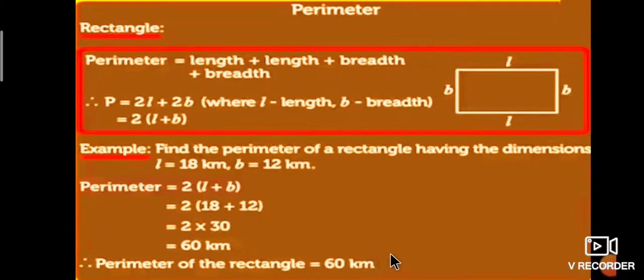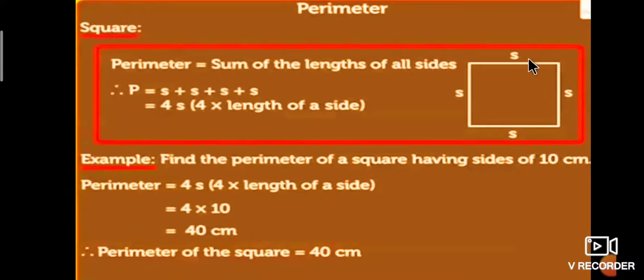Next one is the perimeter of a square. In a square, all four sides are equal. The perimeter of a square is equal to the sum of the lengths of all sides.